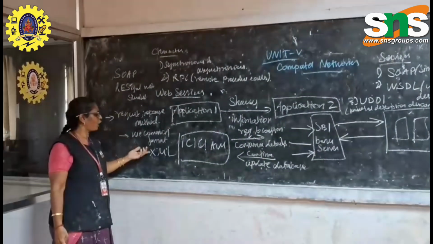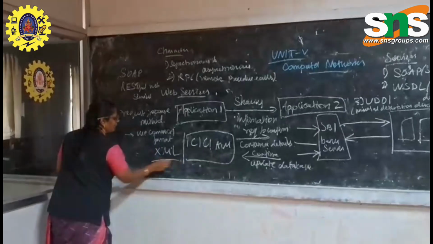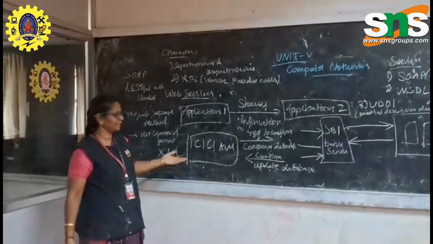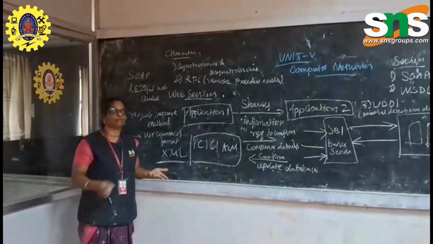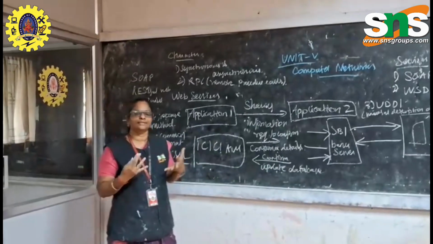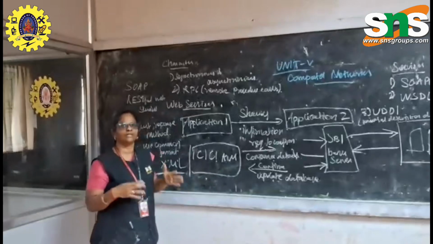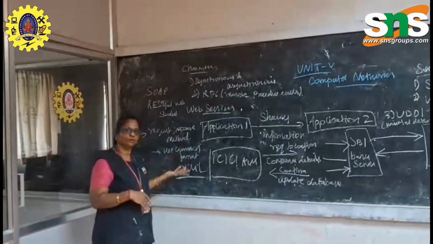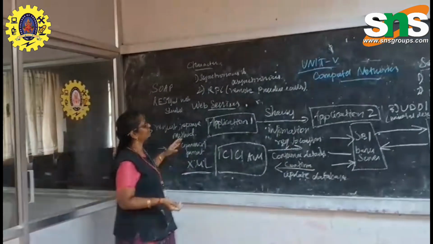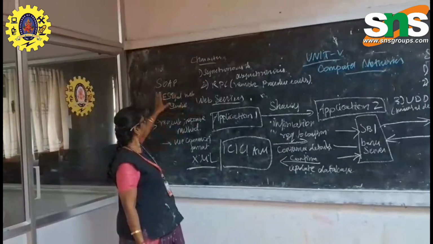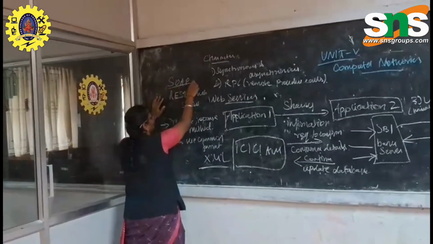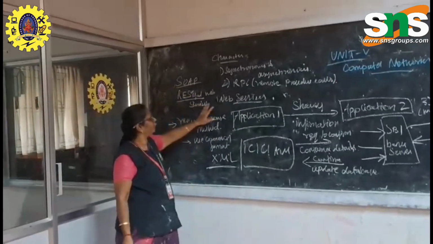We use a common format called XML, which is Extensible Markup Language. For data transfer we follow a certain format. By using that common language, we transfer the data from source to destination, or client to the server. It has services like SOAP and RESTful web services.